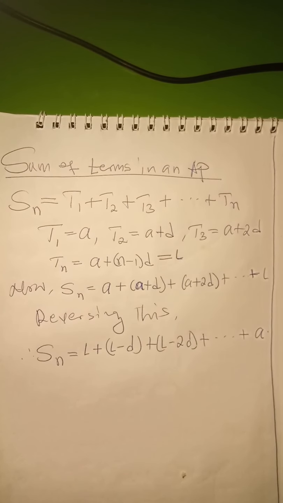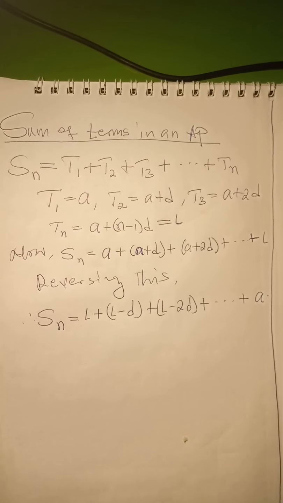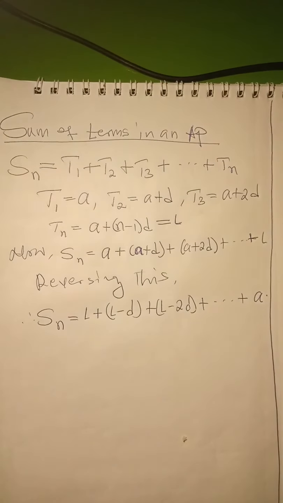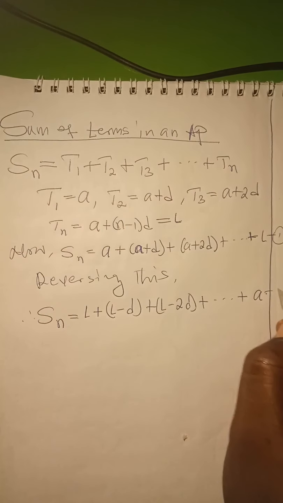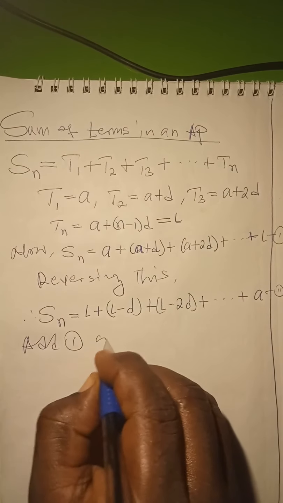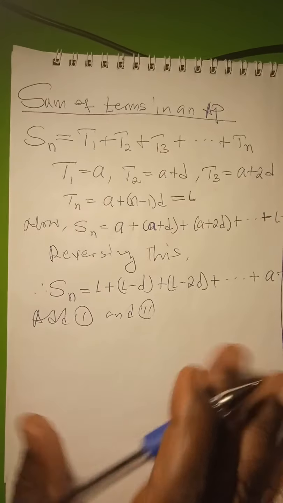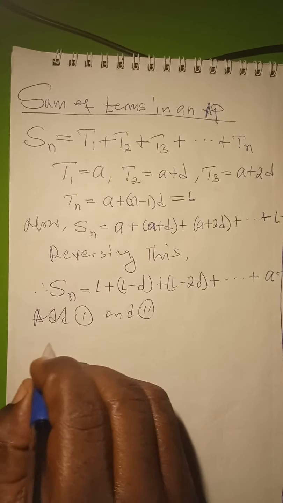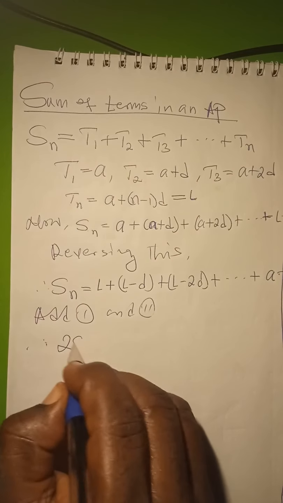This is very straightforward. Now, how do we get the sum? What we did in the previous video was add the two series. Let me call this one 1 and this one 2. So add 1 and 2. You may be asked to prove this formula, as there is a formula we're going to arrive at. When we do so, Sn plus Sn produces 2Sn.